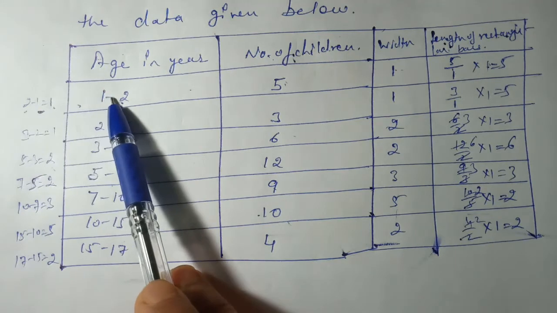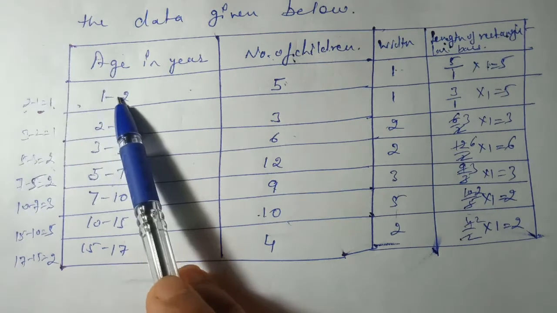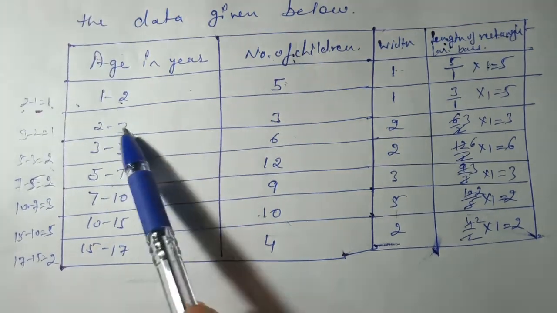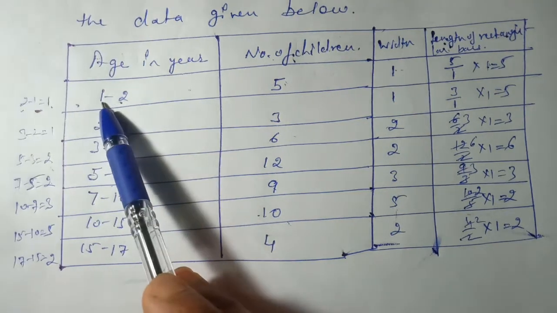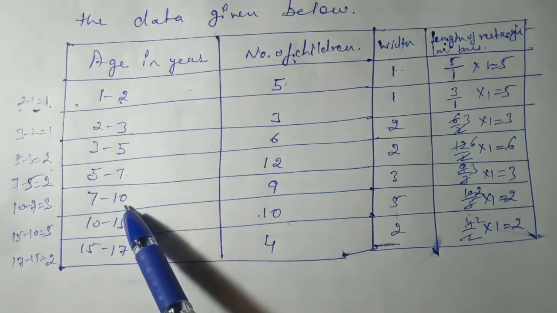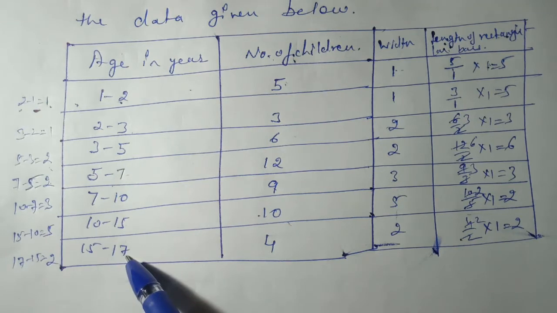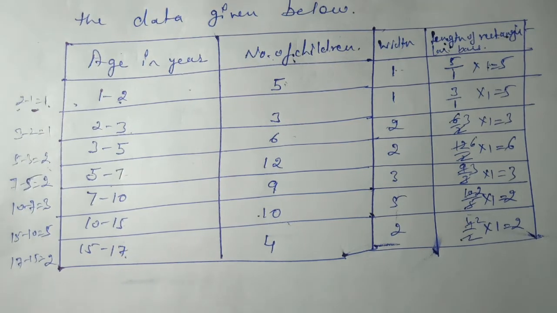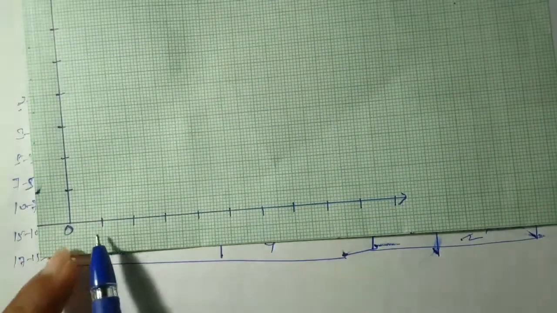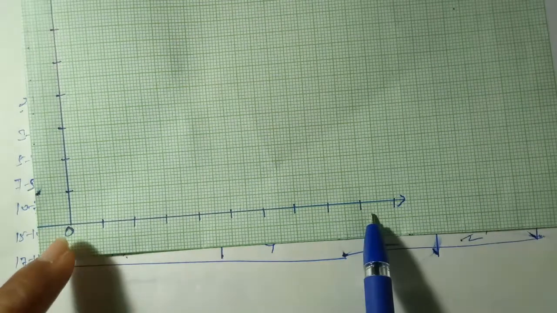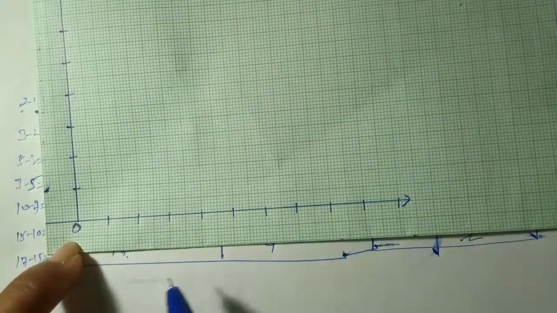First number is 1, then 2, 3, 5. We're going to take the numbers like this because 2, 3, 5, 7 are repeating. So 1, 2, 3, 5, 7, 10, 15, 17. We are observing the largest number over here is 17. So instead of taking numbers one by one, 1, 2, 3, 4, 5, 6 and so on, we're going to take a gap of 2.